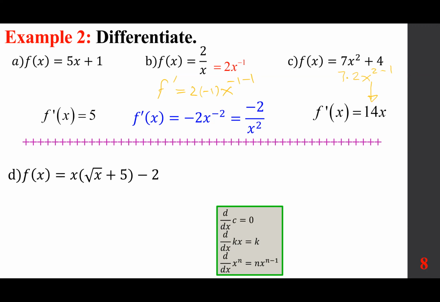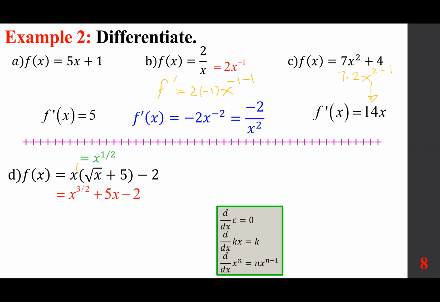Change the radical to x to the power of 1/2. And then to distribute, please understand this has exponent 1. And when we distribute it over the parentheses, it becomes x to the power of 1 plus 1/2, or x to the power of 3/2, plus 5x minus 2.